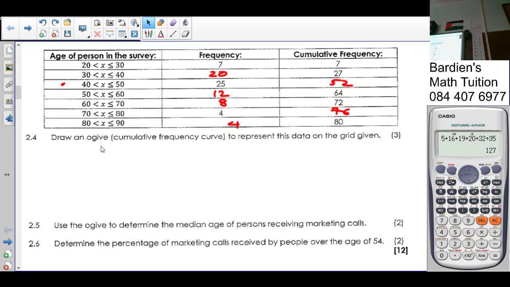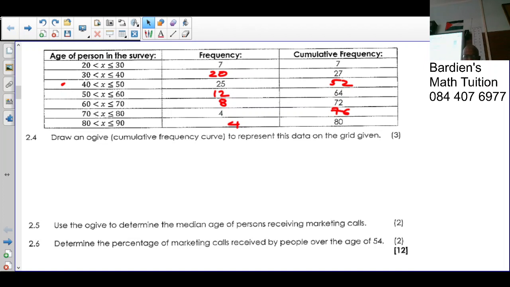What is the ogive? The ogive is a cumulative frequency curve or cumulative frequency polygon. Means the same thing. Draw an ogive to represent the data on the given grid. Okay. So the grid wasn't given to me. It was given in the answer book. So I'm just going to prepare a grid for you quickly.